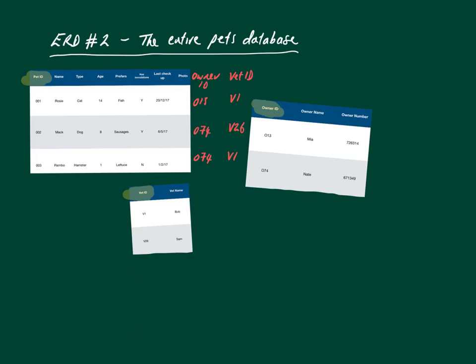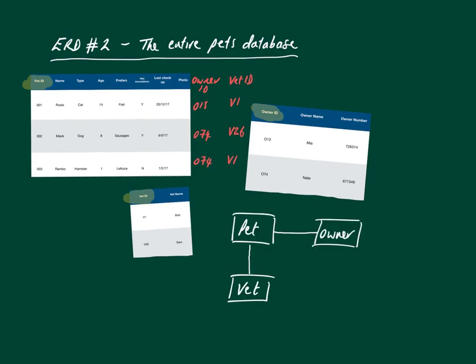And so if we draw this out as an entity relationship diagram, with just the links between the tables, we can establish that pet and vet are linked by at least one field, and owner and pet are linked by at least one field. And we know from our previous page that one owner can have many pets, and that's the cardinality there.